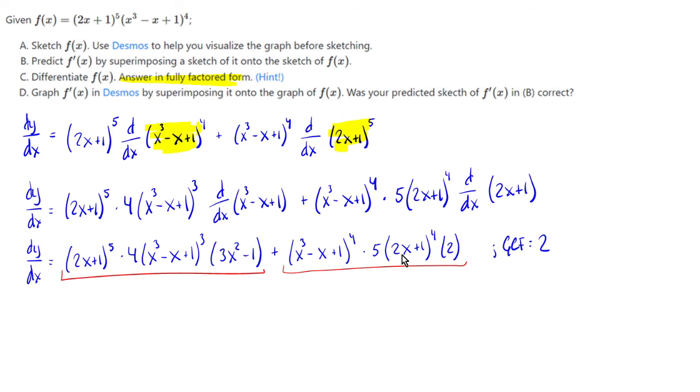As a matter of fact, we can factor out 4 2x plus 1s. And then we also see that they have the x cubed minus x plus 1 in common. There are 3 of those polynomials here. There are 4 over here. So that means we can factor out x cubed minus x plus 1 to the power 3. So that's going to be our greatest common factor. Okay, so let's factor that out.